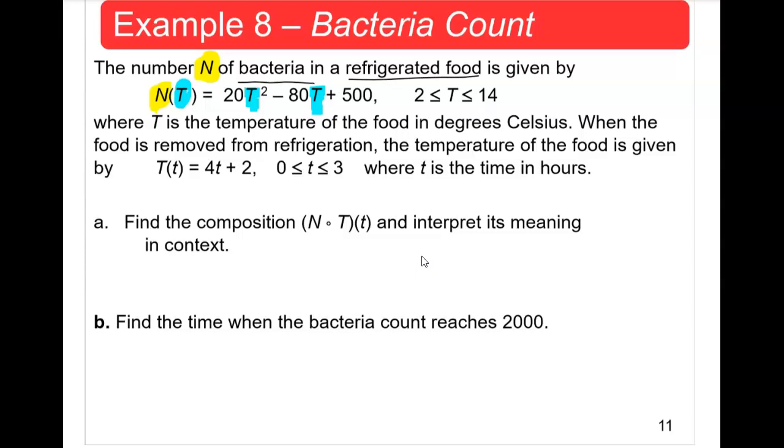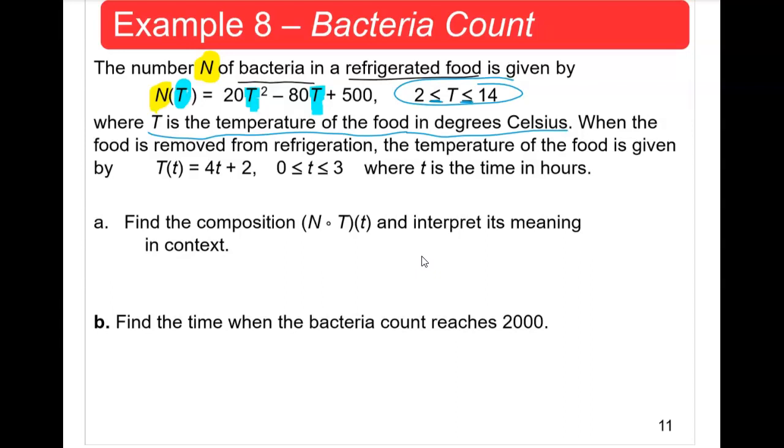And if you keep reading, it says that T is the temperature of the food in degrees Celsius. And so that food is going to be from 2 to 14 degrees Celsius, including 2 and 14 because we have the equal part on the inequality symbol.